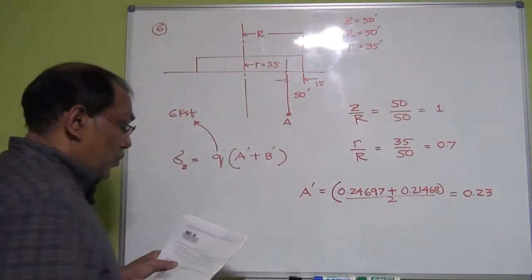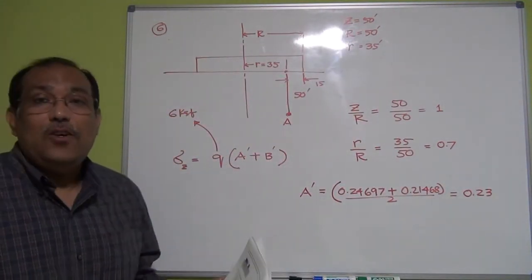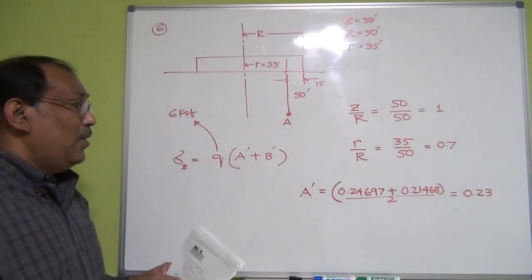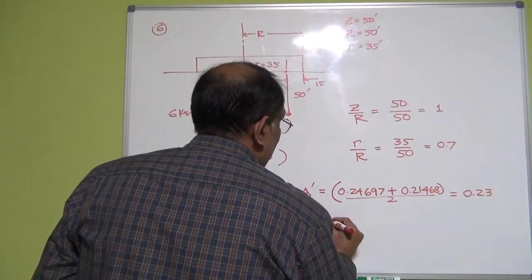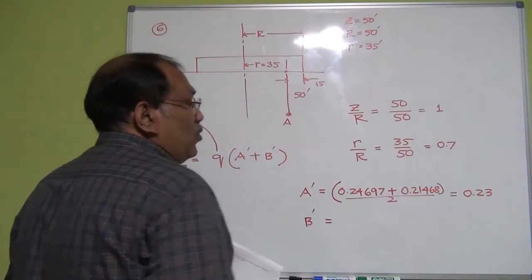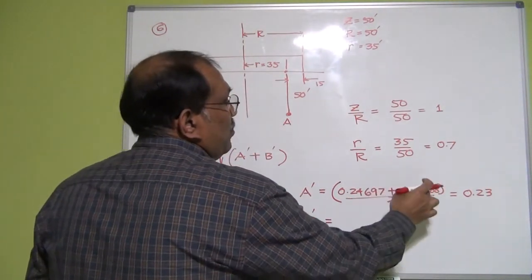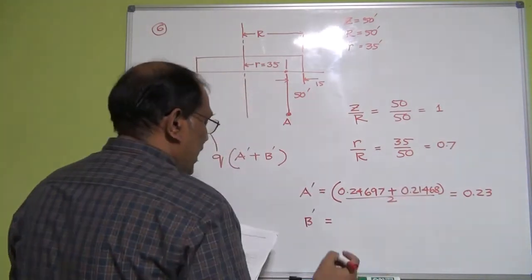Similarly, if you go to table number 10.9 in your book, you will find your B prime from there. And again, you have to take the average for 0.6 and 0.8 to get your 0.7 here.